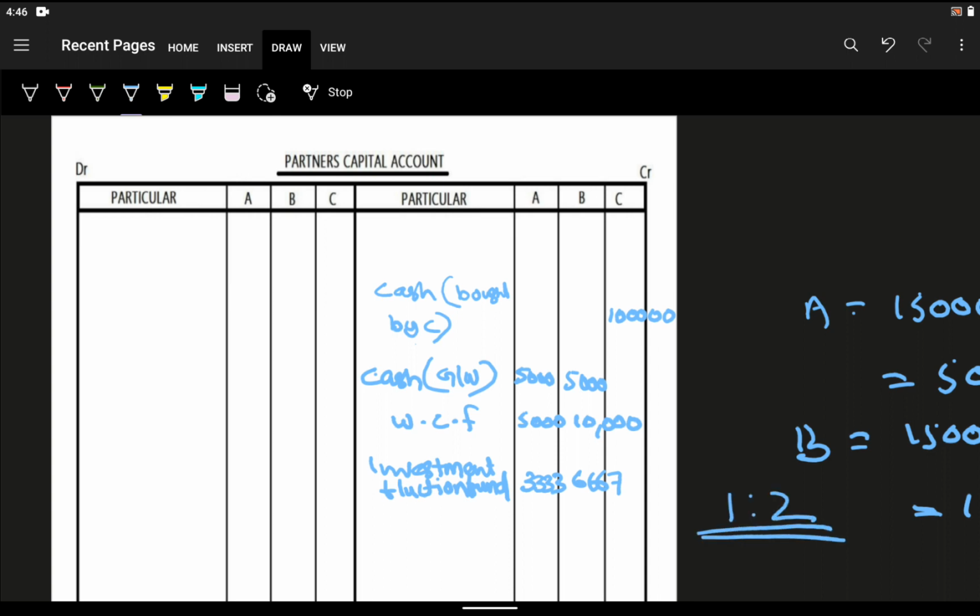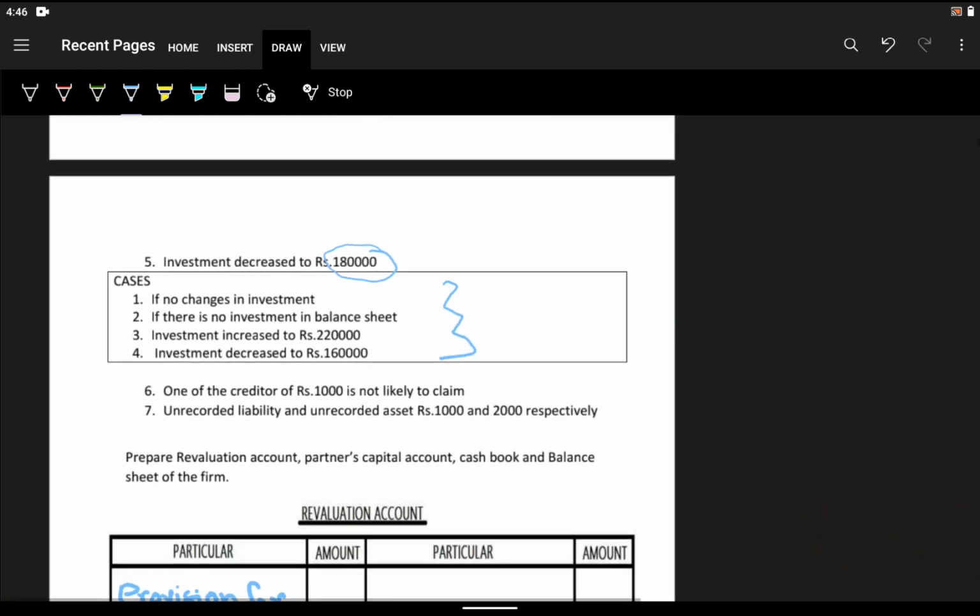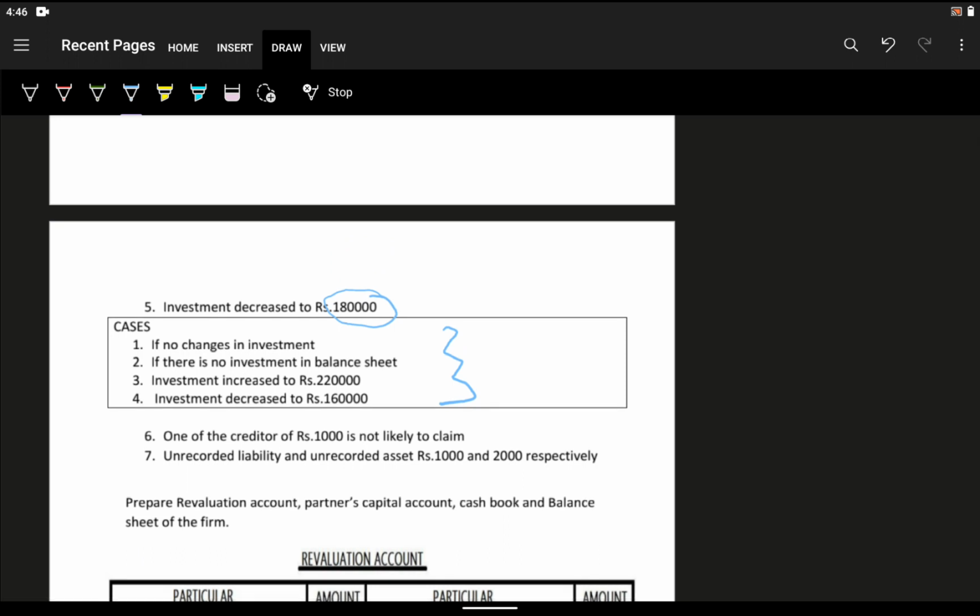You can calculate 10,000 into 1/3 for A and 2/3 for B. So only 10,000 we distributed, and the remaining 20,000 we adjusted for the decrease of investment.